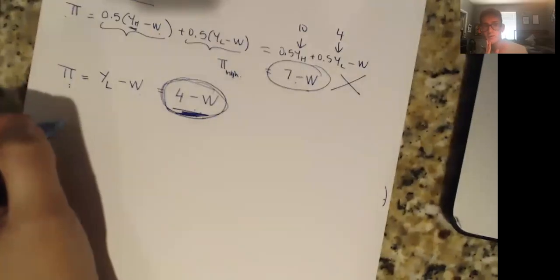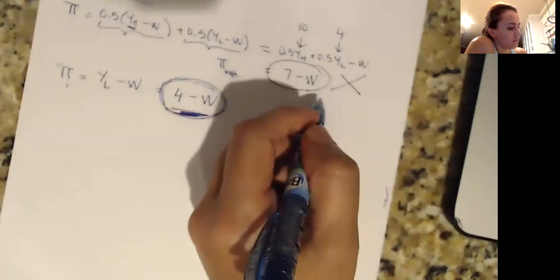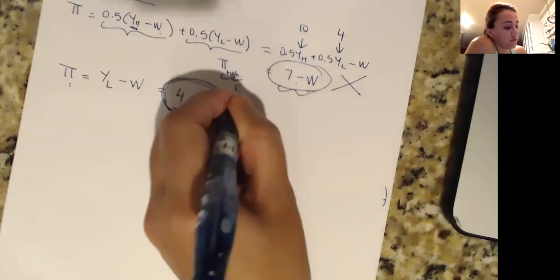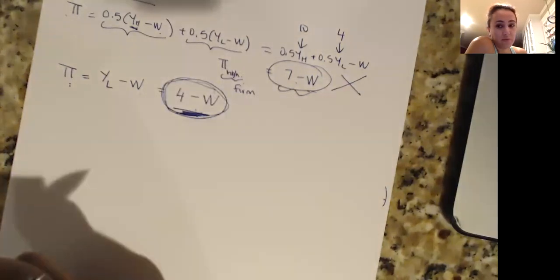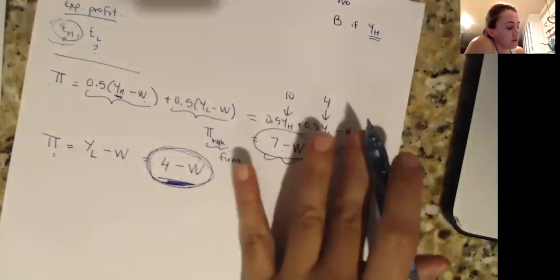Why can't you just do 7 minus W is greater than 2? Where is 2 coming from? The cost of doing high effort. This is the profit of the firm. Oh, okay. So what I'm doing is this.